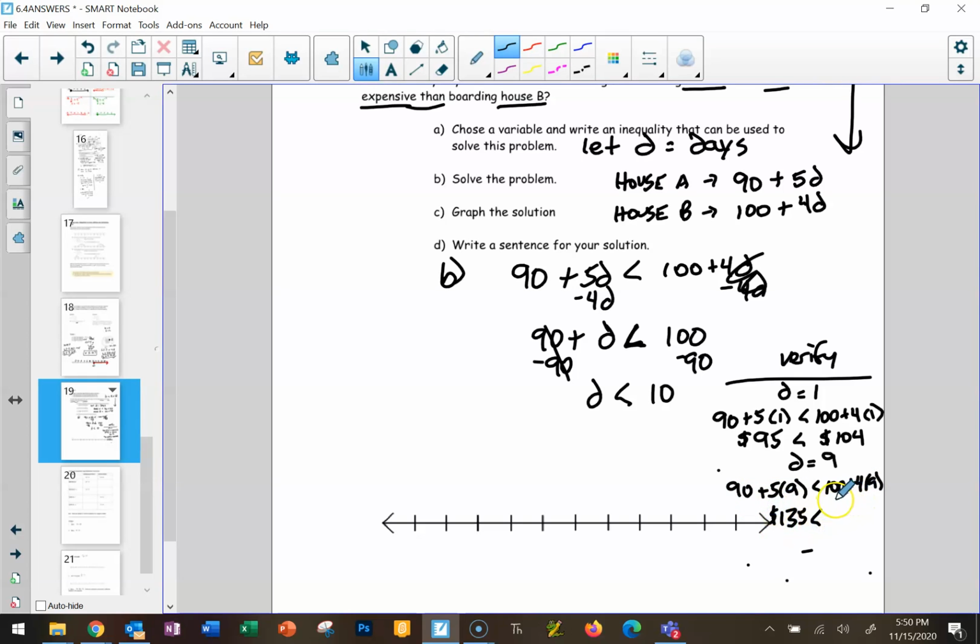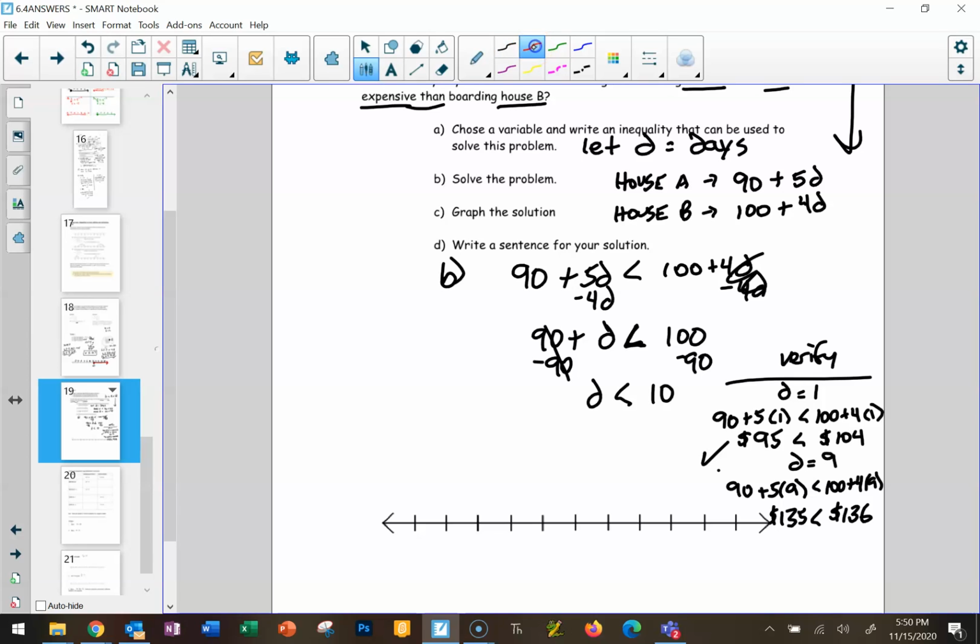And then over here, we've got 100 plus $36, so that would be $136. So you can see it still holds true. $135 is less than $136. So both of those checked out. Again, even though it didn't say verify, for a word problem, you should always do it. It's one of your 5 steps, so you should do it.